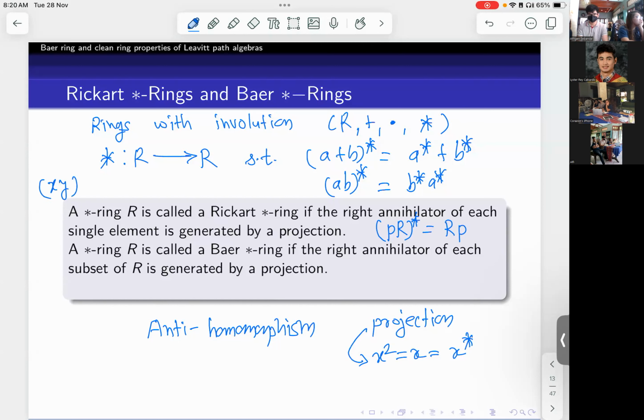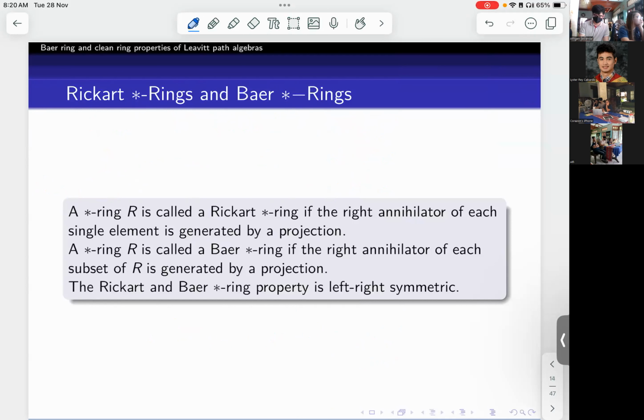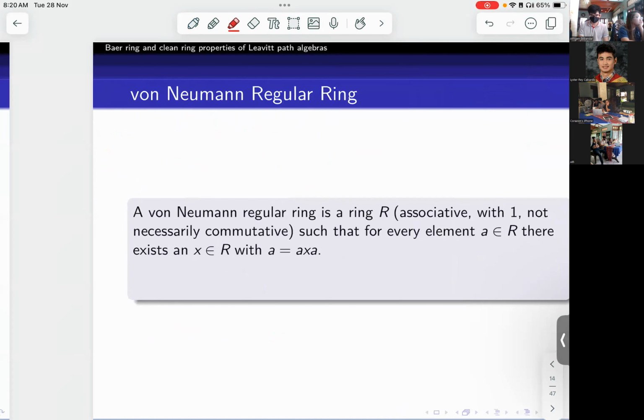Intuitively, if xy is 0, then (xy) star, which is y star x star, is also 0. So something which annihilates on the left would annihilate on the right as well. That is known as left-right symmetric. So we will not have something like a left Rickart star ring or a left Baer star ring. We will simply have a Rickart star ring or a Baer star ring.